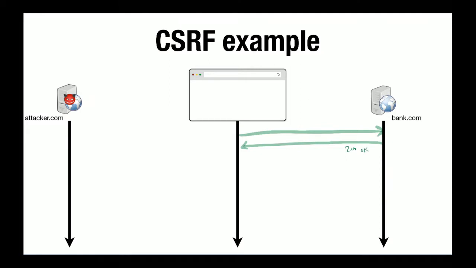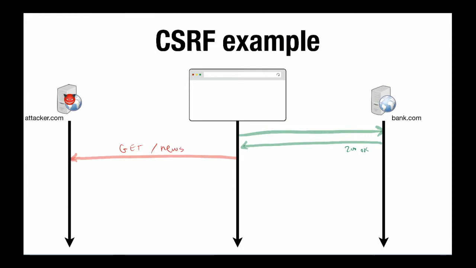At a later point, we are tricked into clicking on an attacker link. So in a separate tab, or even within the same tab in a separate iframe, we perform a GET request to the attacker's page. So let's say it would just be GET /news.